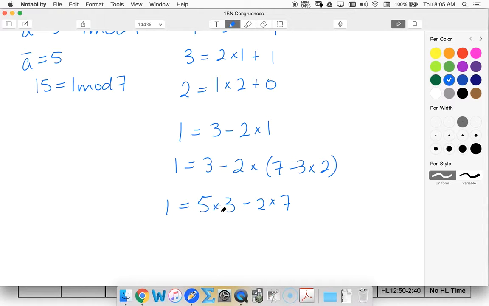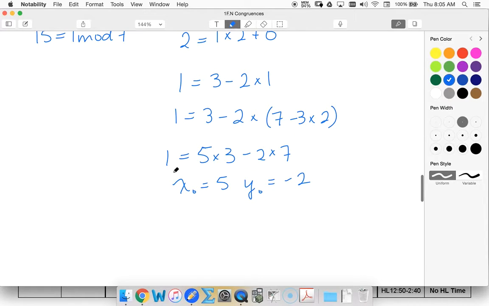Okay. So, looking at this, I could say that my x naught value is 5, and y naught, my initial values, are negative 2. But thinking about trying to come up with a mod 7, I know that anything here mod 7 is going to be 0 because I'm multiplying by a 7.